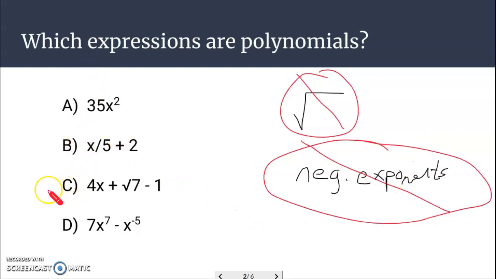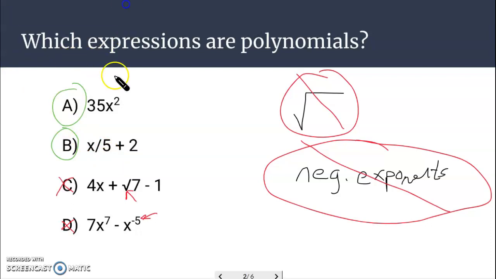That would mean C wouldn't work, D wouldn't work. Notice we have our radical symbol, we have our negative exponent. A can be considered a polynomial, so could B. Classifying it, A would be a quadratic monomial, B would be a linear binomial.